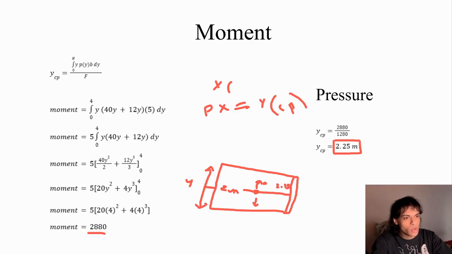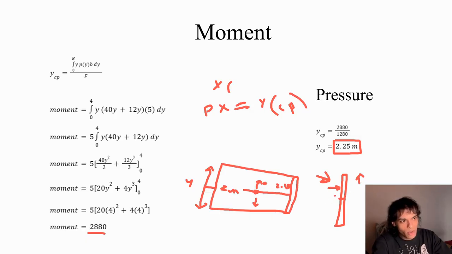Yeah. So at 2.25, this means that if we look at the billboard from the side, it's going to be a little bit tilted, yeah? So we're going to have the force being applied from the top here, a little bit away from the center. So this is going to tilt this to this side more than this, which is going to mean that the pressure being applied here at the top is higher than the pressure applied at the center.